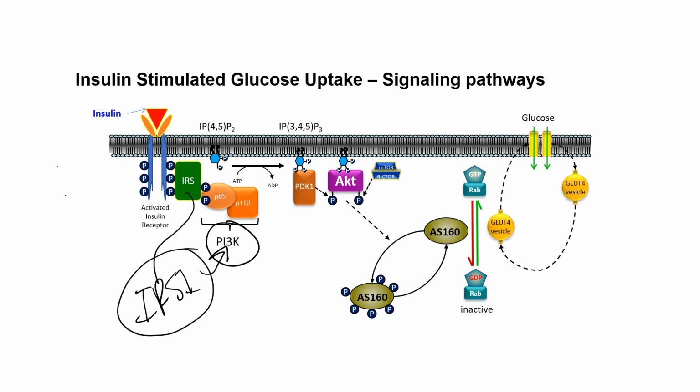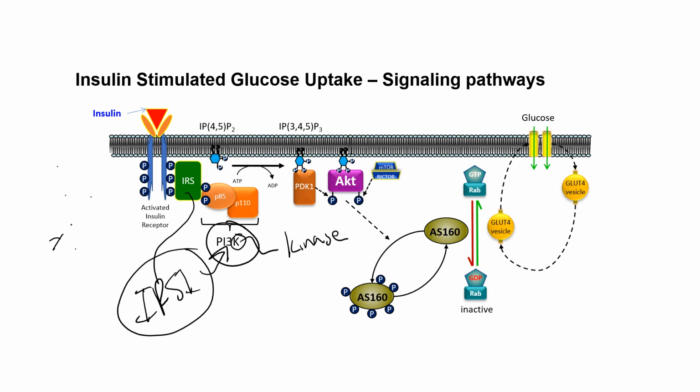Now, I don't want to go through every single one of these acronyms because you could spend half the time just going through the acronyms. So I'll show you the big part of PI3K. The big thing about PI3K is the fact that it ends with a K, and that stands for kinase. So it phosphorylates things. IRS1 docks to PI3K and activates it. And PI3K, which is a kinase, is going to go around and start phosphorylating other proteins.